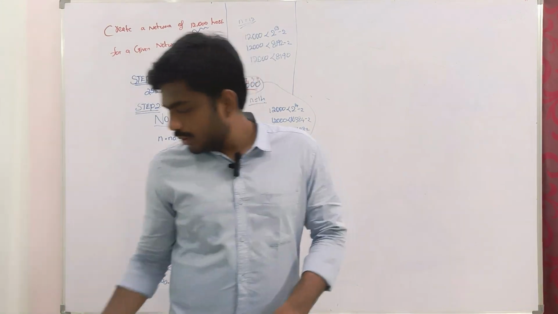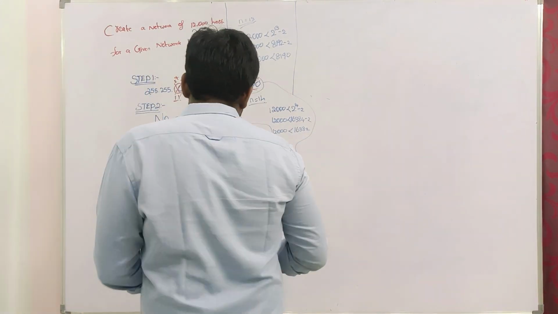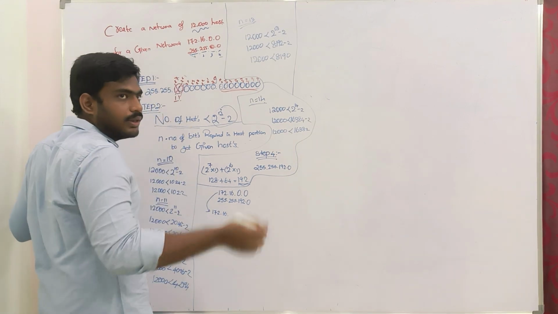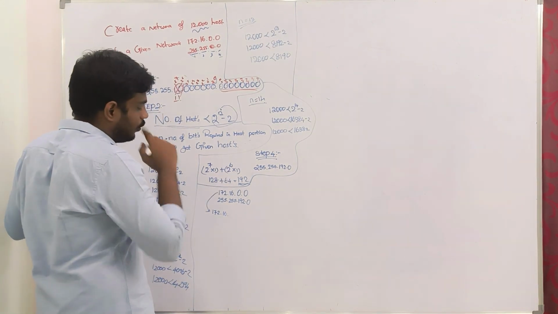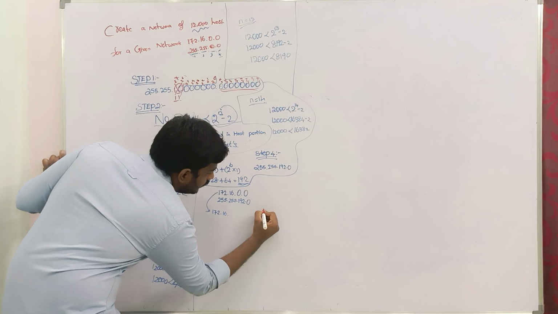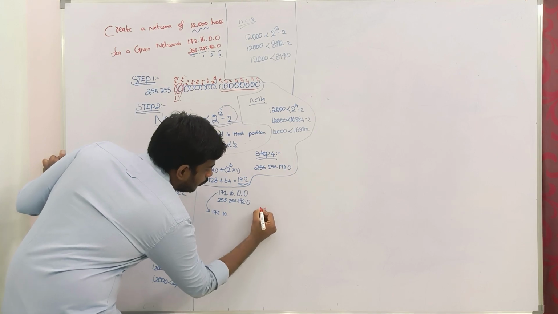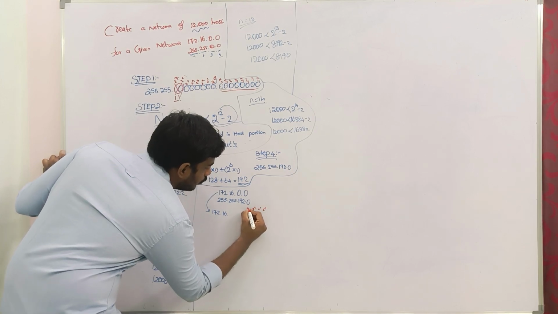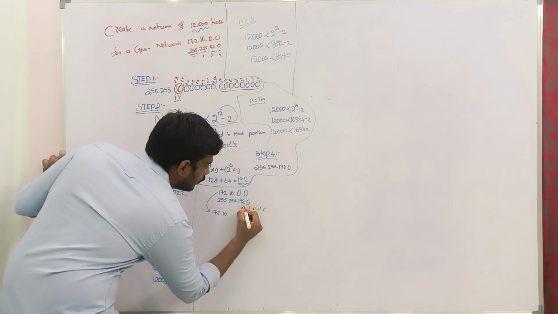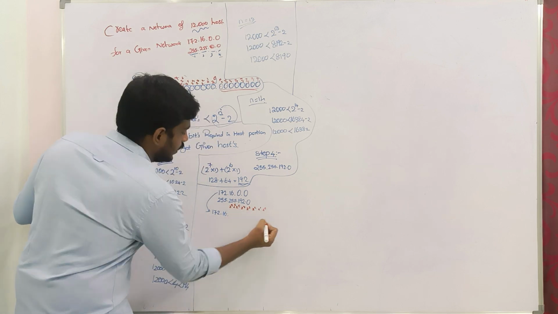So you write it like this. First I concentrate on the third octet, then on the fourth octet: 2 power 0, 2 power 1, 2 power 2, 2 power 3, 2 power 4, 2 power 5, 2 power 6, 2 power 7 in the third octet.